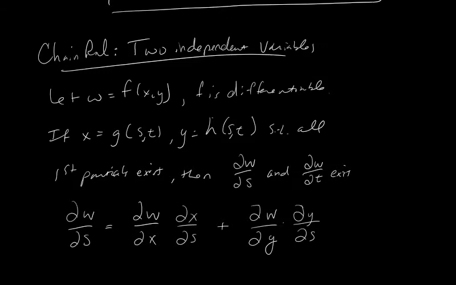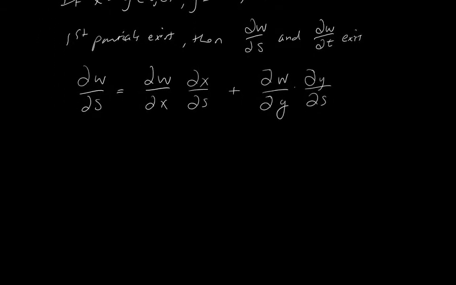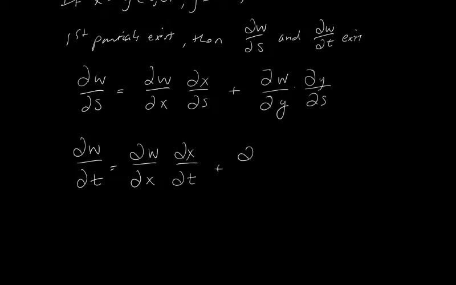That's how they look to me in the book anyway. But we read those as partials, and we're dealing with derivatives, so they are partials. And the partial with respect to t is equal to the partial of w with respect to x times the partial of x with respect to t plus the partial of w with respect to y times the partial of y with respect to t.